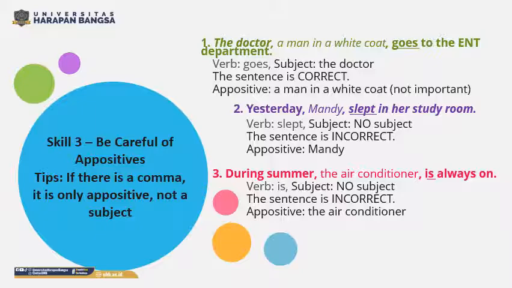For example, number 1, the doctor, comma, a man in a white coat, comma, goes to the ENT department. Can you find words between two commas? Yes, a man in a white coat. Remember, these words appear between two commas.